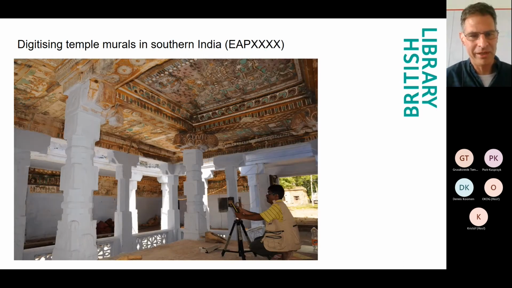And another case where you have the camera facing towards the material is here, where it's quite a different kind of material, and I'm missing the EAP project number there, but I can fill that in later. And you can see it needs to face the walls of the temple murals in this case. So a different kind of material can require a different setup from the basic recommendations that we give.